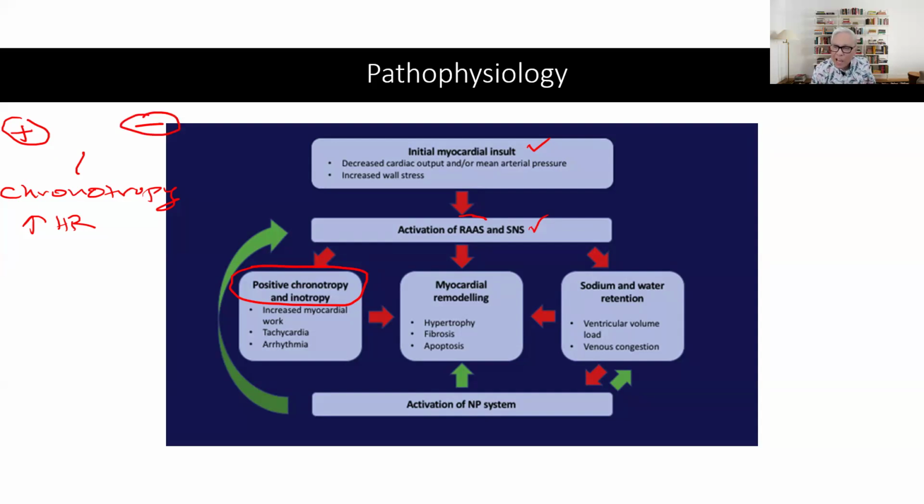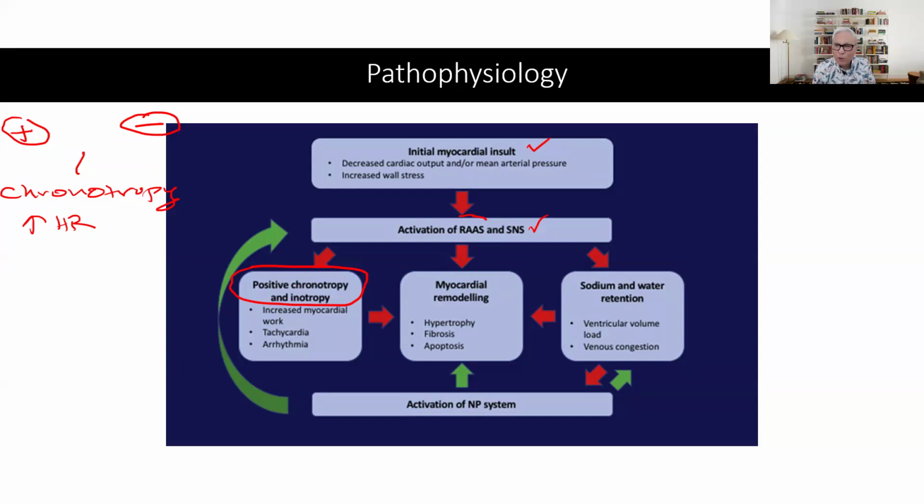So give me a negative chronotropic agent. Give me an example of a negative chronotropic agent. Something that slows down the heart rate. Okay, metoprolol.